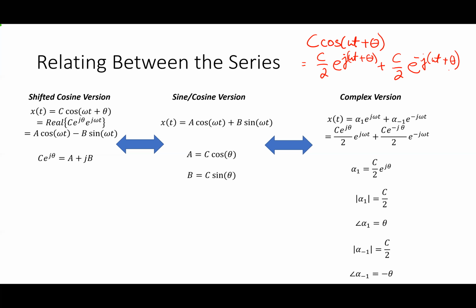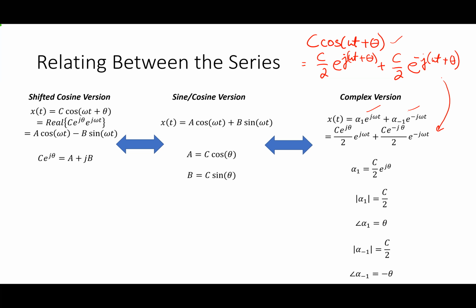And you can factor that into the form that I've written here. So if I have a single cosine at a single frequency, that means I have an e to the j omega t at a positive frequency and an e to the j omega t at a negative frequency. Everything in the complex form of the series that I have at a positive frequency, I have to have at the same negative frequency, because I need those 2 vectors, rotating in opposite directions, to cancel each other. So I'm going to have one at a positive frequency, one at a negative frequency.